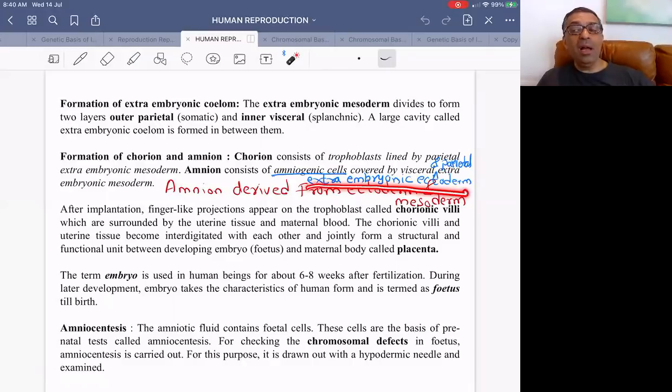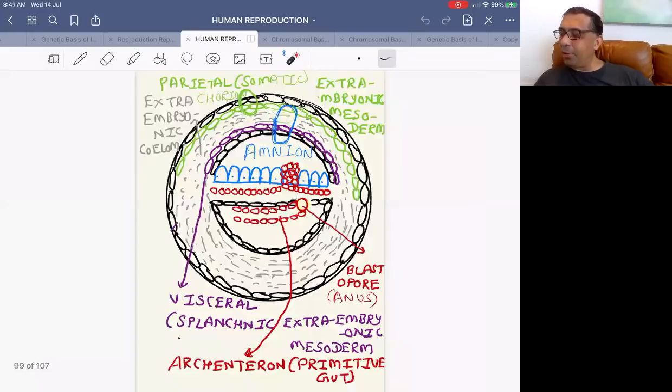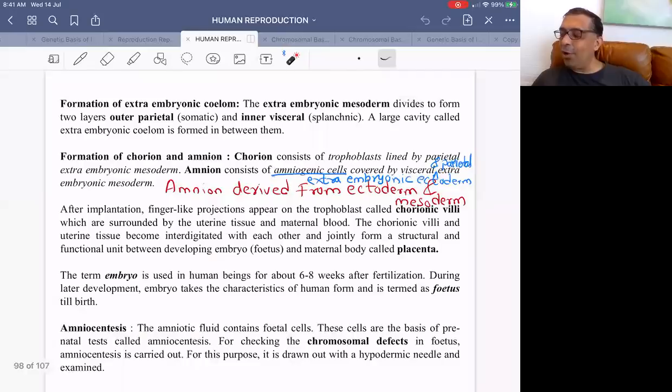Amniogenic cells को क्या कहते हैं बेटा? Extra embryonic ectoderm. So extra embryonic ectoderm and extra embryonic mesoderm. Extra embryonic ectoderm, which is the amniogenic cells, and the extra embryonic mesoderm. दोनों के फ्यूजन से बनता है amnion.